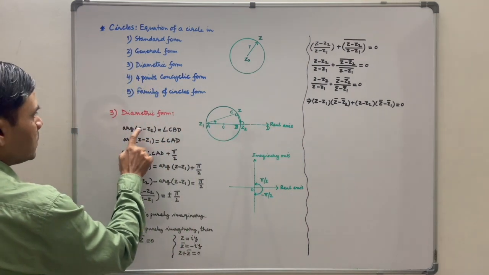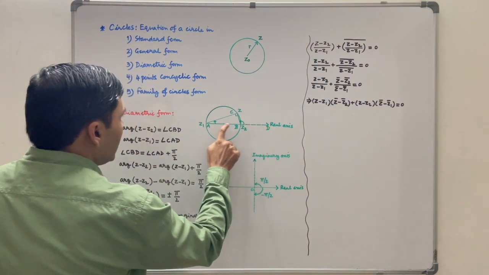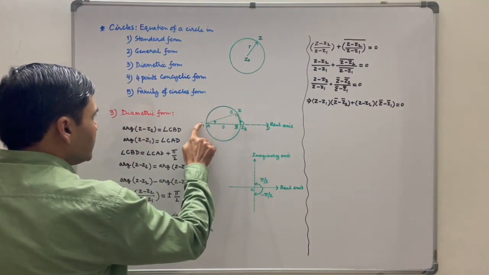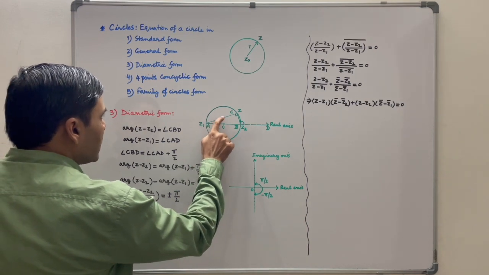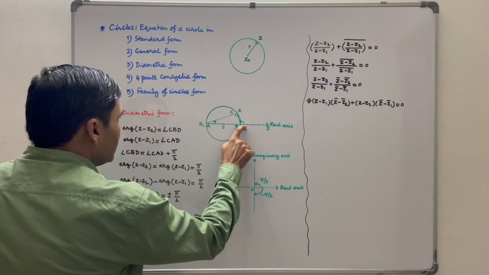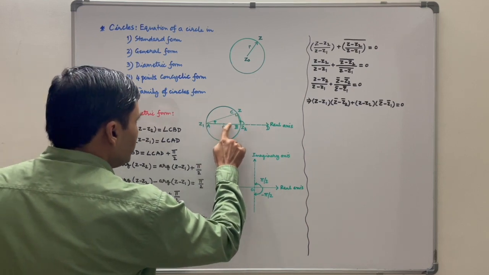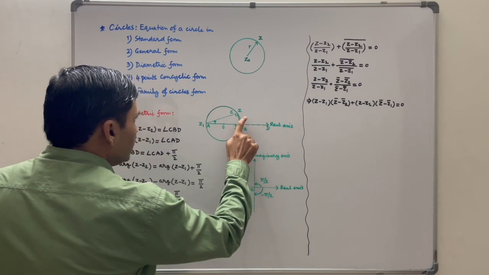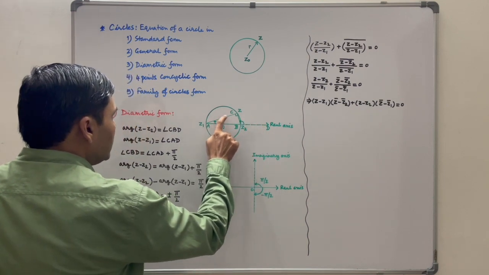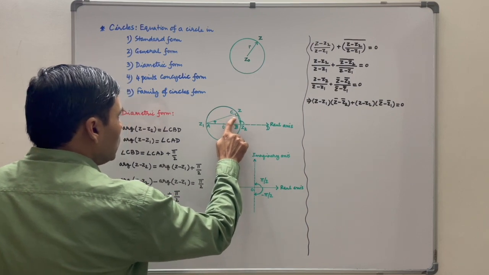Then argument of Z minus Z2 is equal to angle CBD, and argument of Z minus Z1 is equal to this angle, angle CAB. This angle is external to triangle ABC with side AB extended. So angle CBD is equal to angle CAB plus angle ACB. And we know that this angle is 90 degrees.